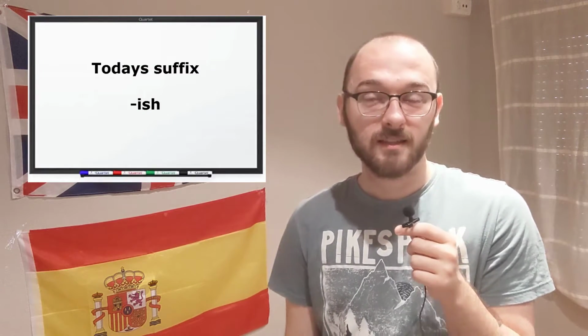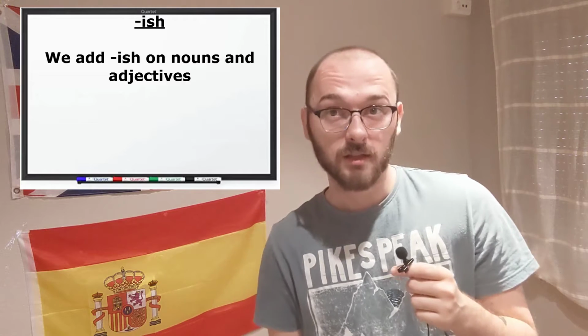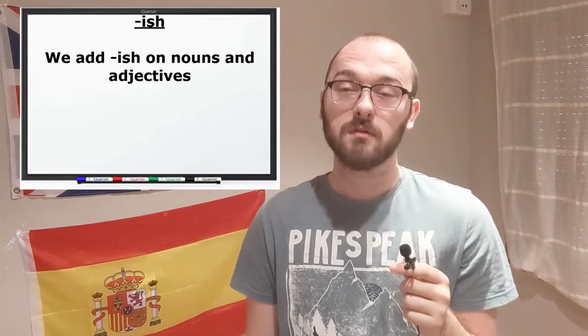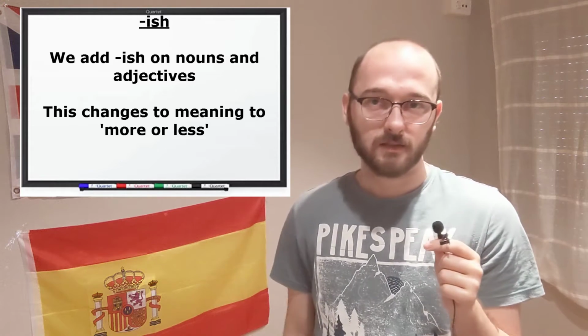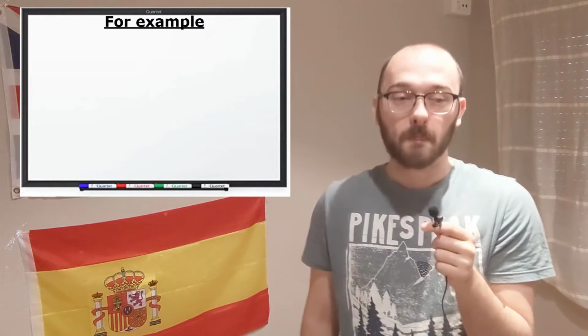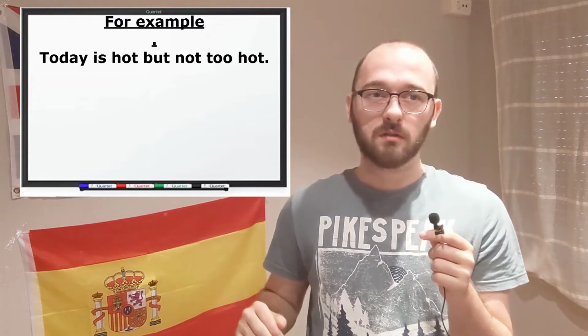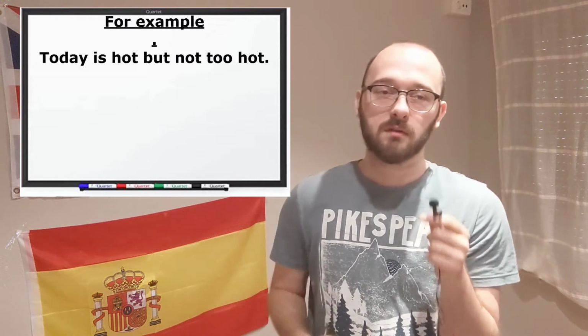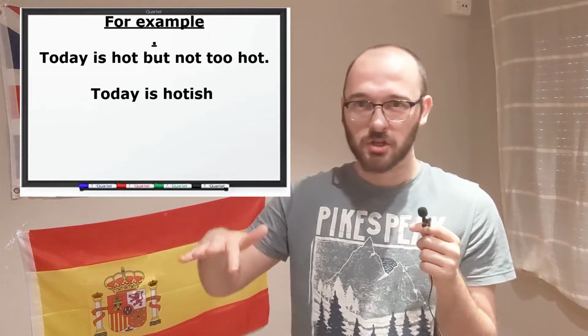The suffix we're talking about today is ish. Ish is a very flexible suffix in English. We add it at the end of most adjectives and some nouns to change the meaning to mean more or less. For example, if we want to say today is hot but not too hot, we can say today is hot-ish.